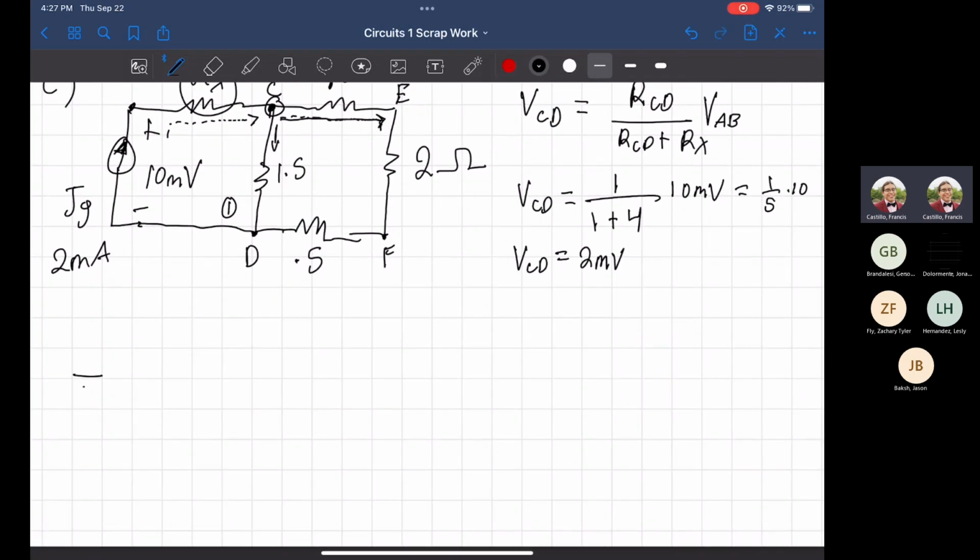We could say there is some source here that is going into node C and across to the other mesh network that we have. It's ideally the same thing, but we can label this source with the value we found. So 2 millivolts is flowing through the circuit. This is node C, this is node D. It's flowing through, so this is the 0.5 ohms, the 2 ohms there, and then another 0.5.